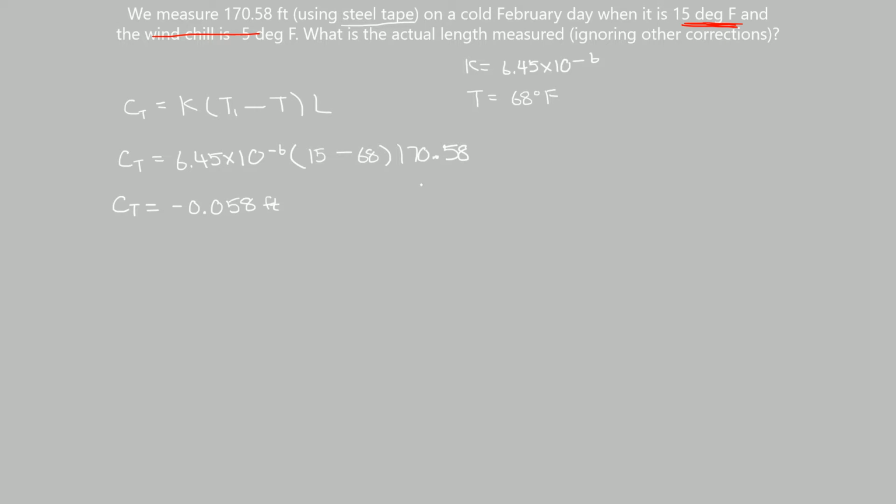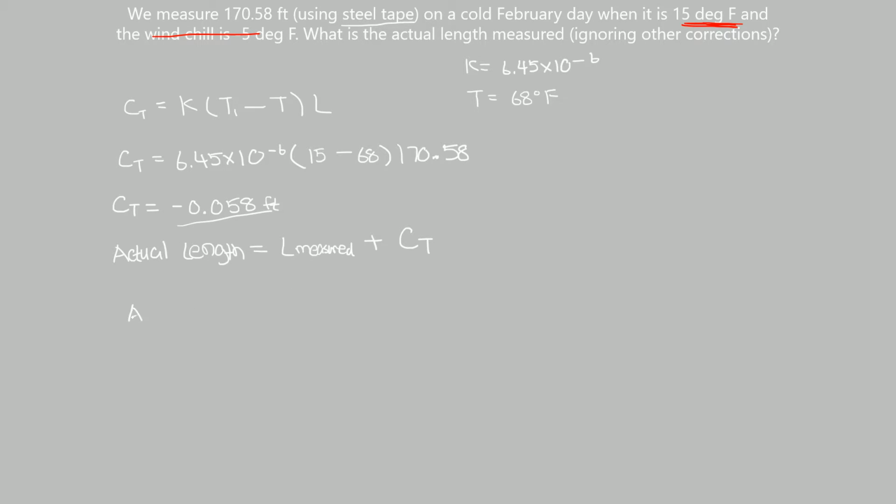The equation to find the actual length, because that's just our corrected length, right? So our actual length equals our length measured plus our correction. Make sure that we know what our signs are. The signs are important.